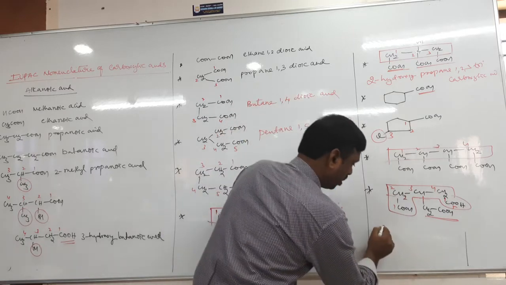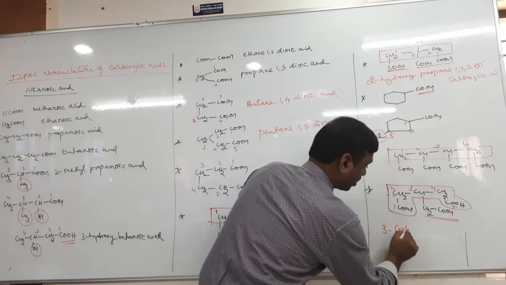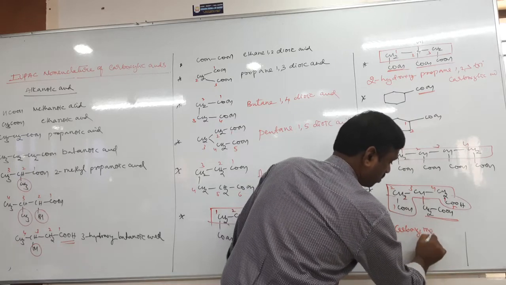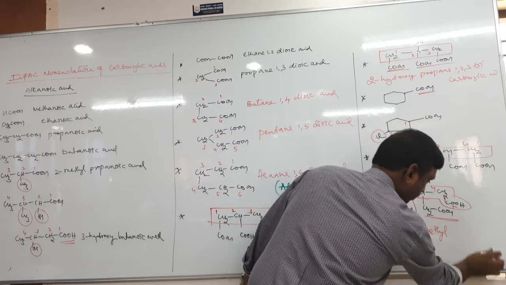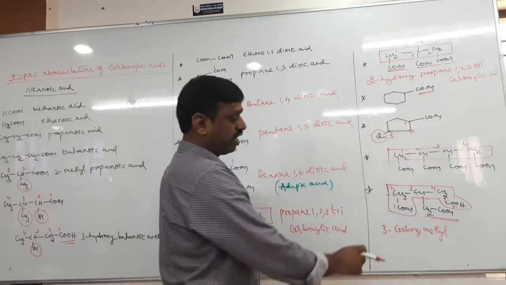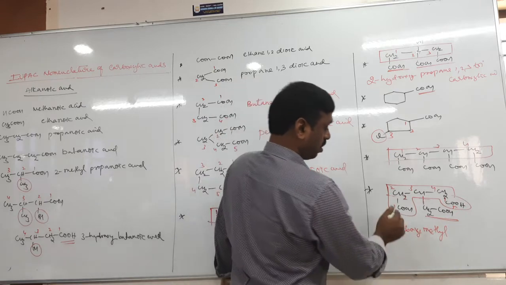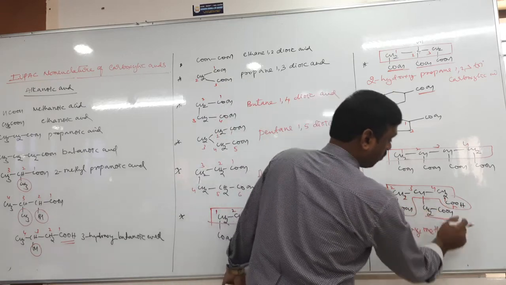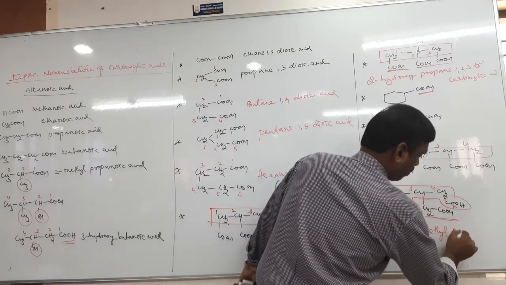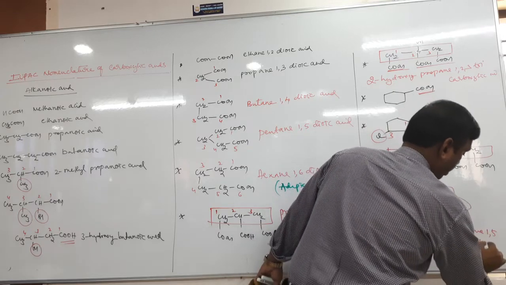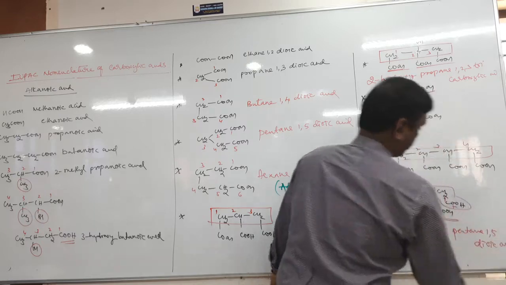Therefore, it is a 3-carboxymethyl, because there is no alternate option. You should take it as a substituent only. Carboxymethyl, then it is 1 comma 5. So pentane 1 comma 5 dioic acid.